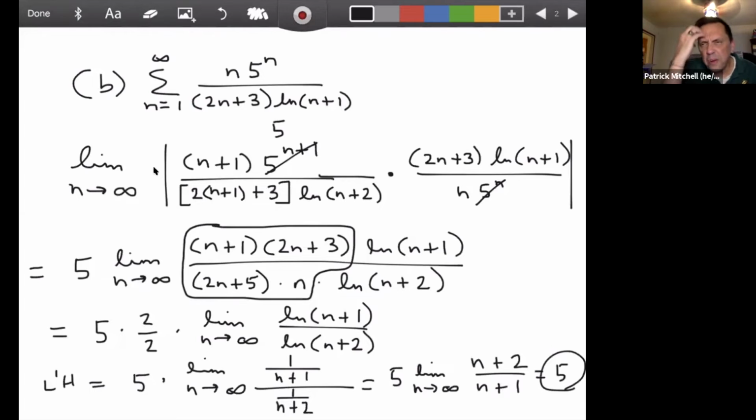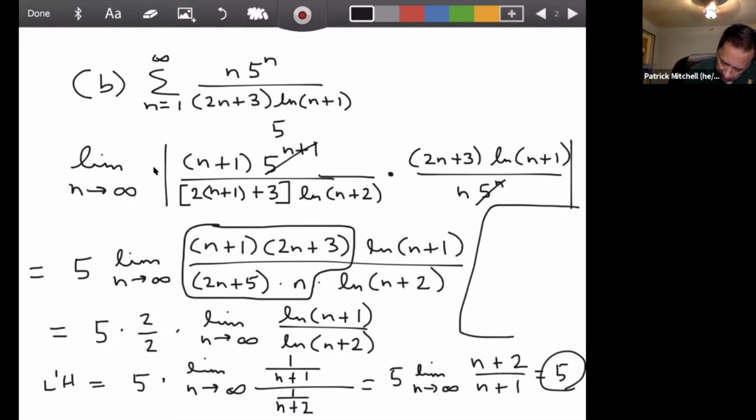All right, what was the question again? Oh, the question was, does it converge absolutely or does it diverge? Well, that circled number is the value of rho. And what theorem 12 says is that whenever rho is greater than 1, the series diverges.